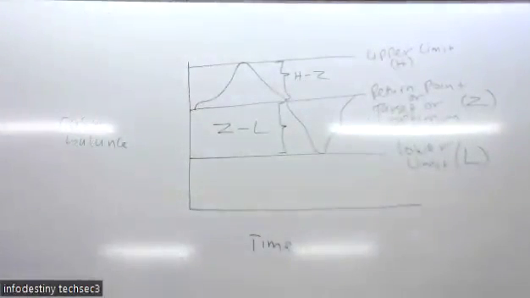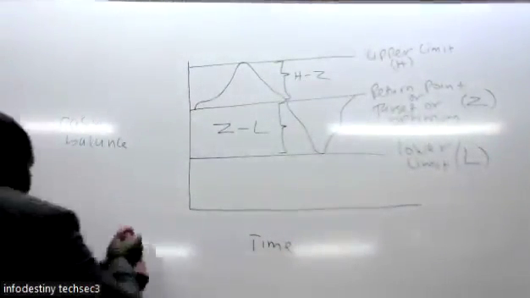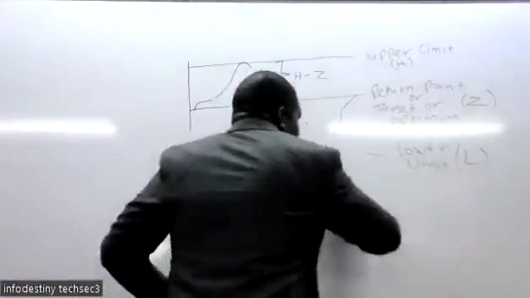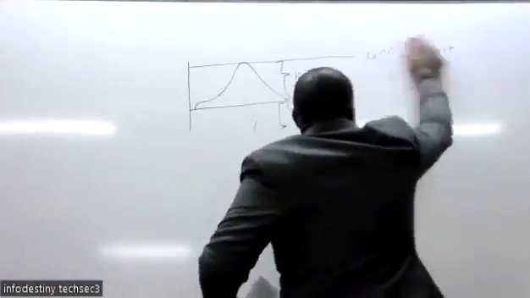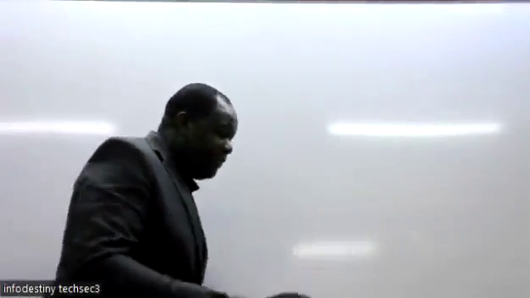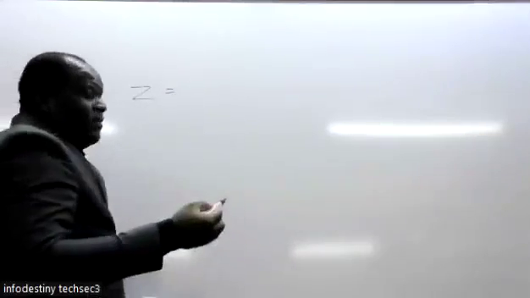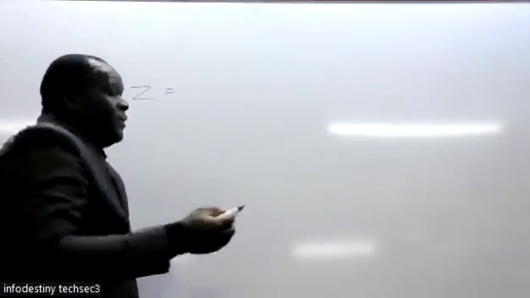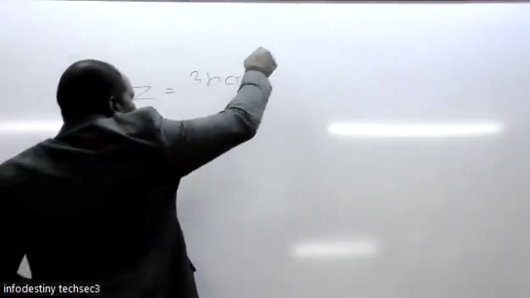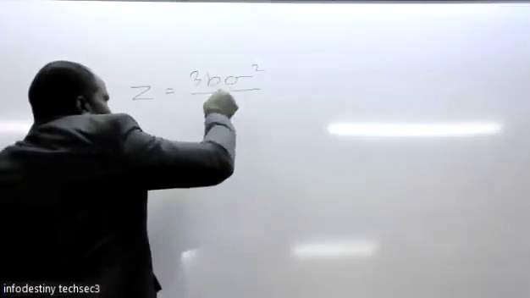To get the optimum or the return point, we use Z. It will be given by 3B, and I will explain what each one of them stands for.